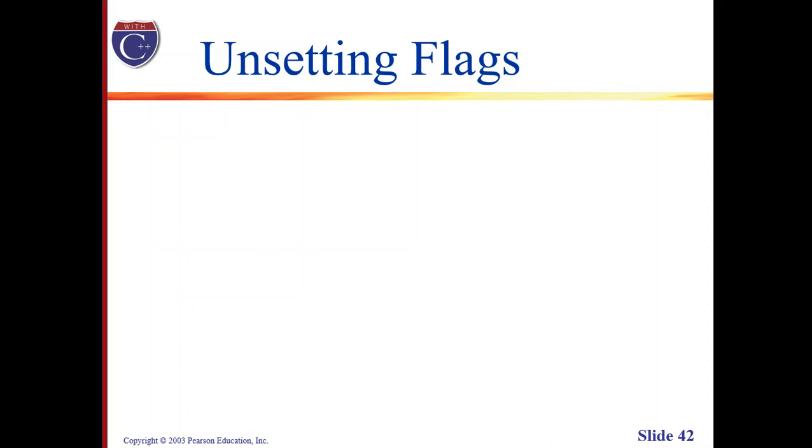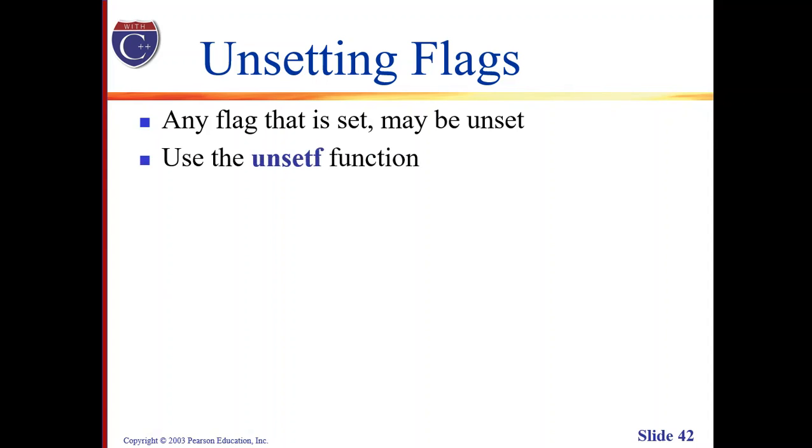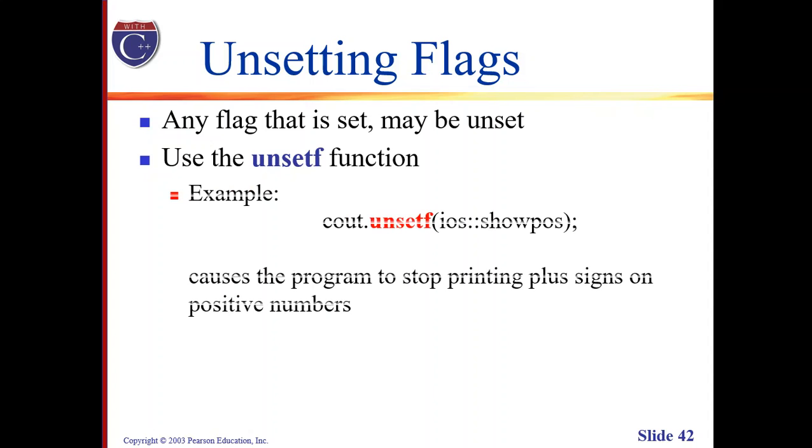And of course, whenever we use flags, they will be in effect for the entire execution of your program unless you turn them off. We do that by unsetting our flags. Any flag that is set may be unset. To do that, we use the unsetf function.